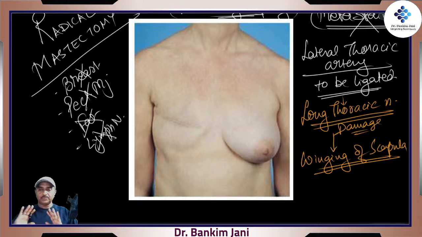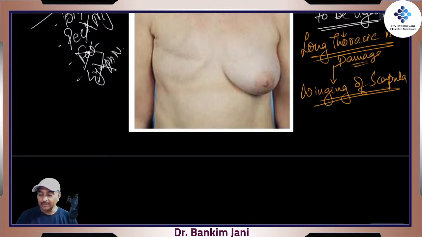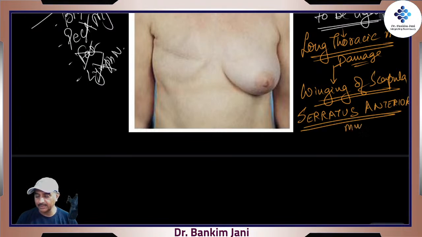Winging of scapula is when the patient tries to press, the inferior ends of the scapulae come out as if the patient has got wings. This is because of just one muscle. Again, it is like a question. That muscle is serratus anterior. This is the muscle which is involved.